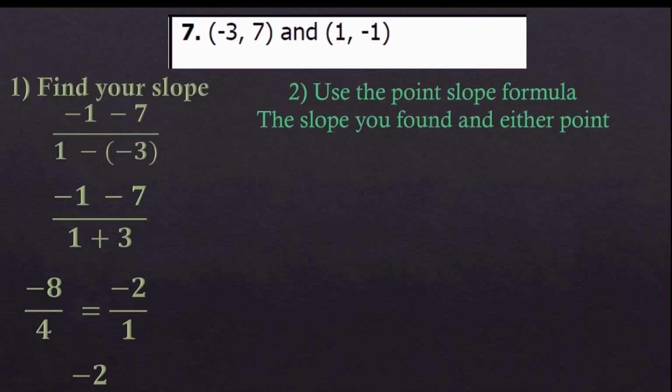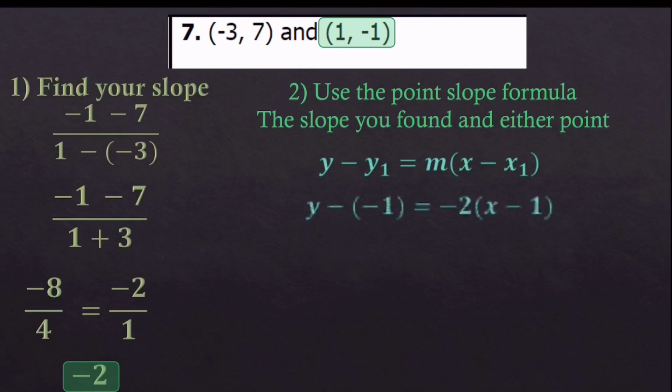Now the difference is, I'm going to use the point-slope formula. And then I use the slope that I just found in either point. Remember me, I like to use the smaller points. So we write my formula, we plug in our slope and our point. So when I do this, my y1 is negative, so I need to put it in parentheses.